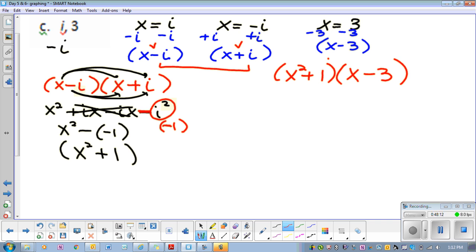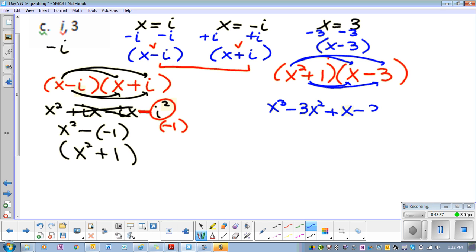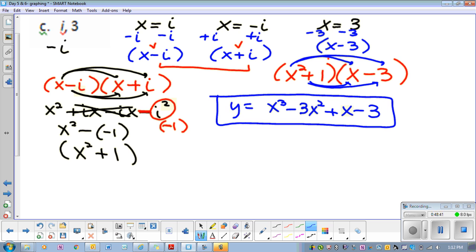Are we okay so far? x squared times x gives me x cubed. x squared times negative 3 is negative 3x squared. And then distribute these: plus x minus 3. Nothing to combine there, so that's your final answer.